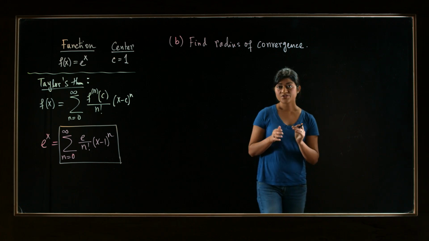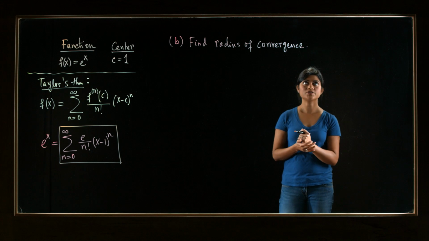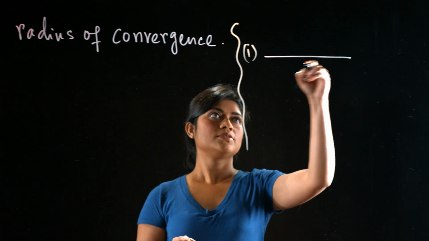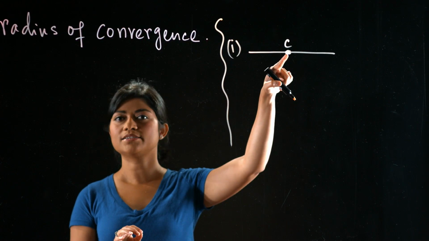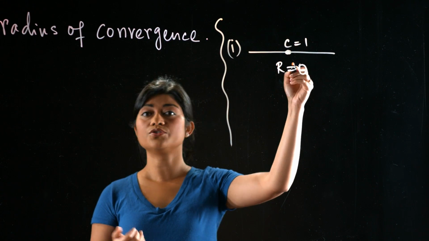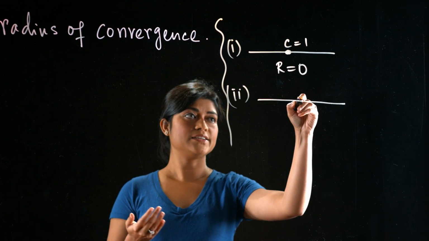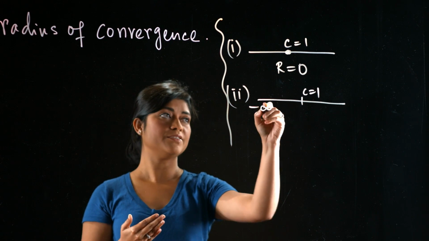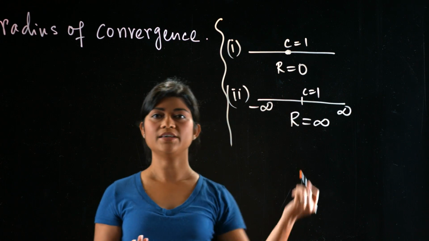Now please recall that there are three possibilities for a power series convergence. One case is where the series only converges at the center, and in this case the center is 1, so the radius will be 0. The second possibility is that the series converges on the entire real line, from negative infinity to infinity, and in that case the radius of convergence will be infinity.